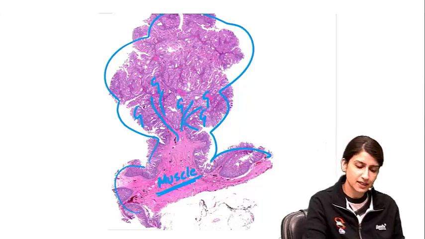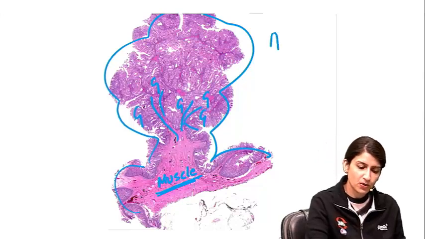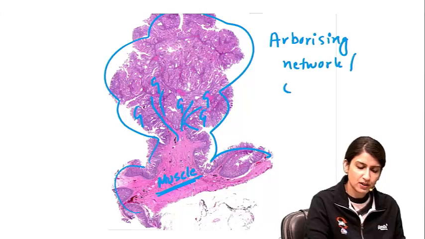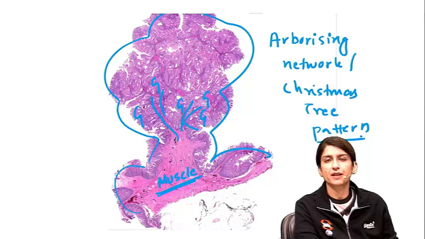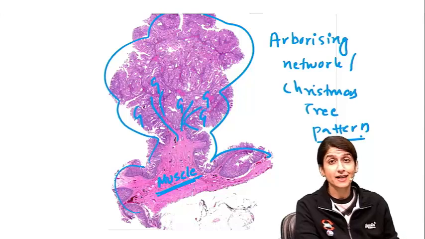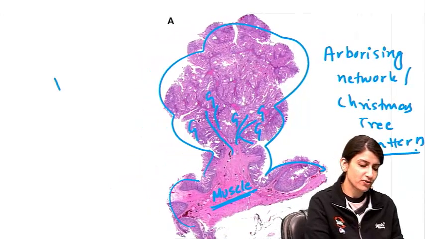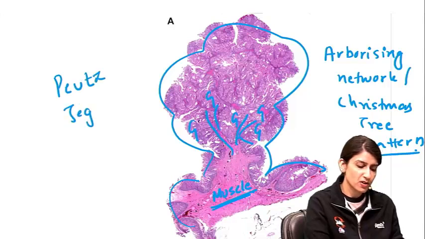This is a classical arborizing network और Christmas tree pattern, where your pink muscle is trying to separate your glands, and this is a classical feature of, yes, PJ polyp, यानी कि I am talking about Peutz-Jeghers polyp here.